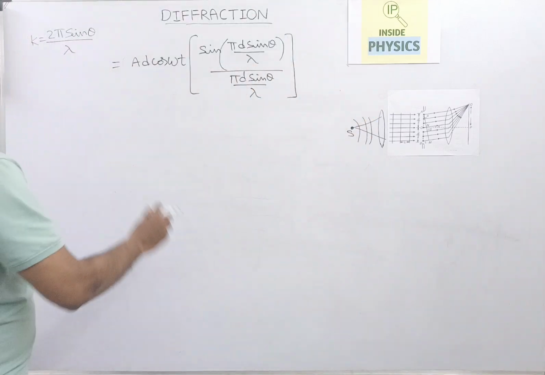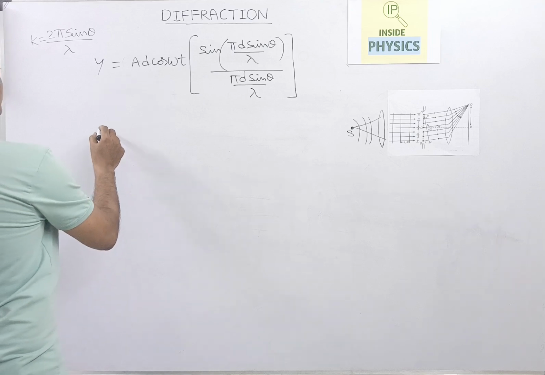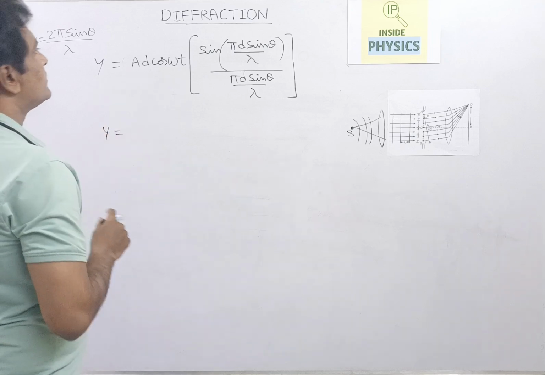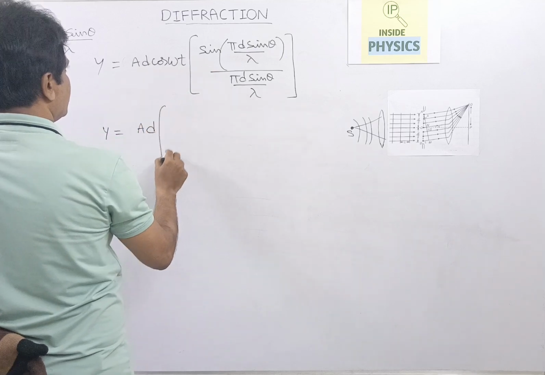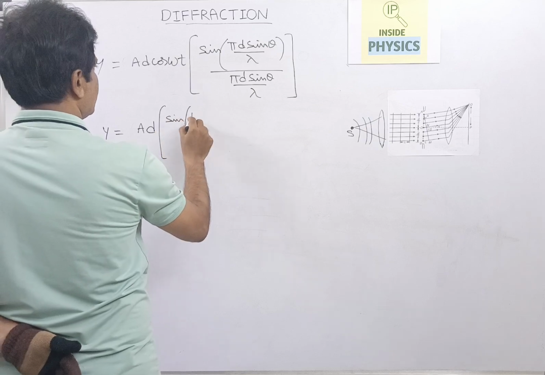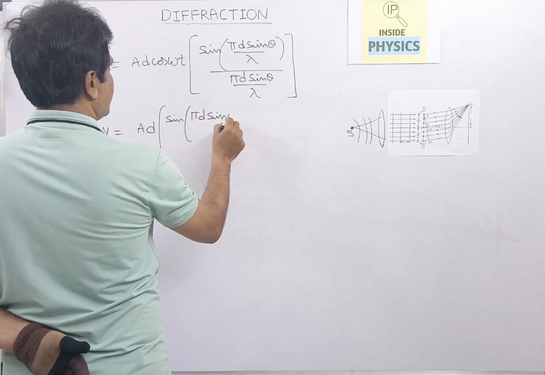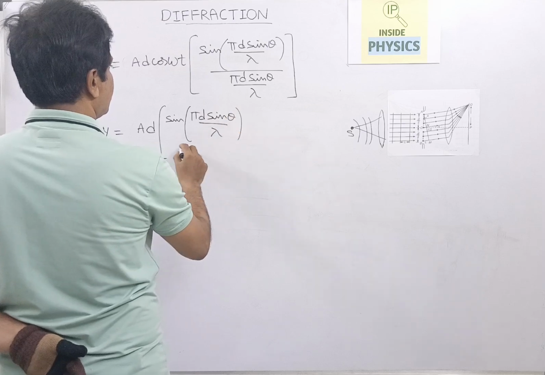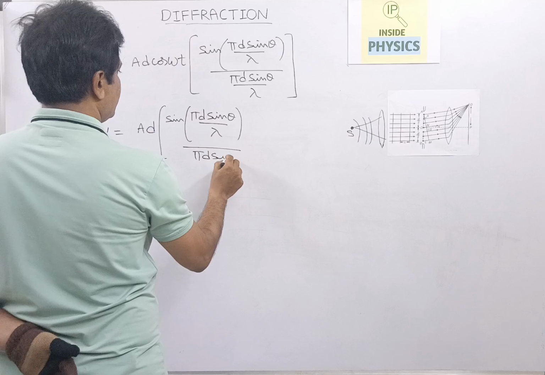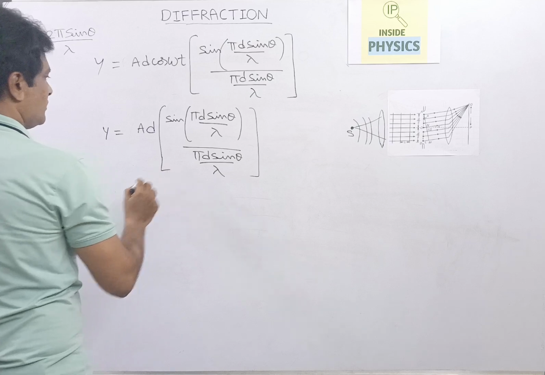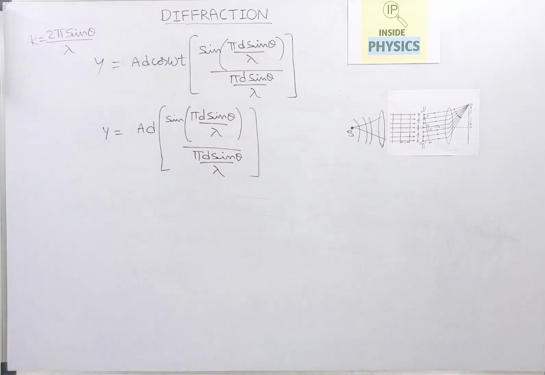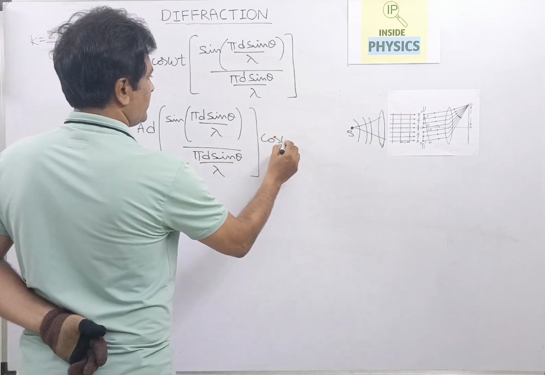Here if you observe, this is y, and a d cos omega t, and we can rearrange the terms and write it as sin of pi d sin theta by lambda by pi d sin theta by lambda, cos omega t.